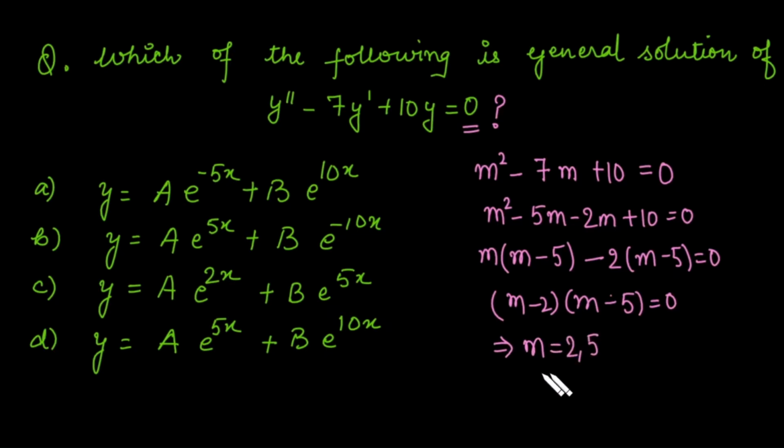If 2 is a root, it means the e raised to power 2x term is there. If 5 is a root, it means the e raised to power 5x term is there. So both terms are there. It means C is the correct option. Second way, in case you forget to evaluate the roots of this quadratic equation, you can apply the formula.